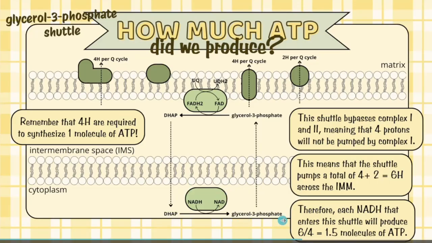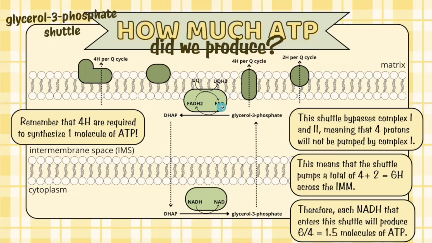Now, glycerol 3-phosphate is permeable, so it can enter the intermembrane space, and it will get oxidized back to DHAP by the same enzyme, glycerol 3-phosphate dehydrogenase, that is found in the inner mitochondrial membrane.